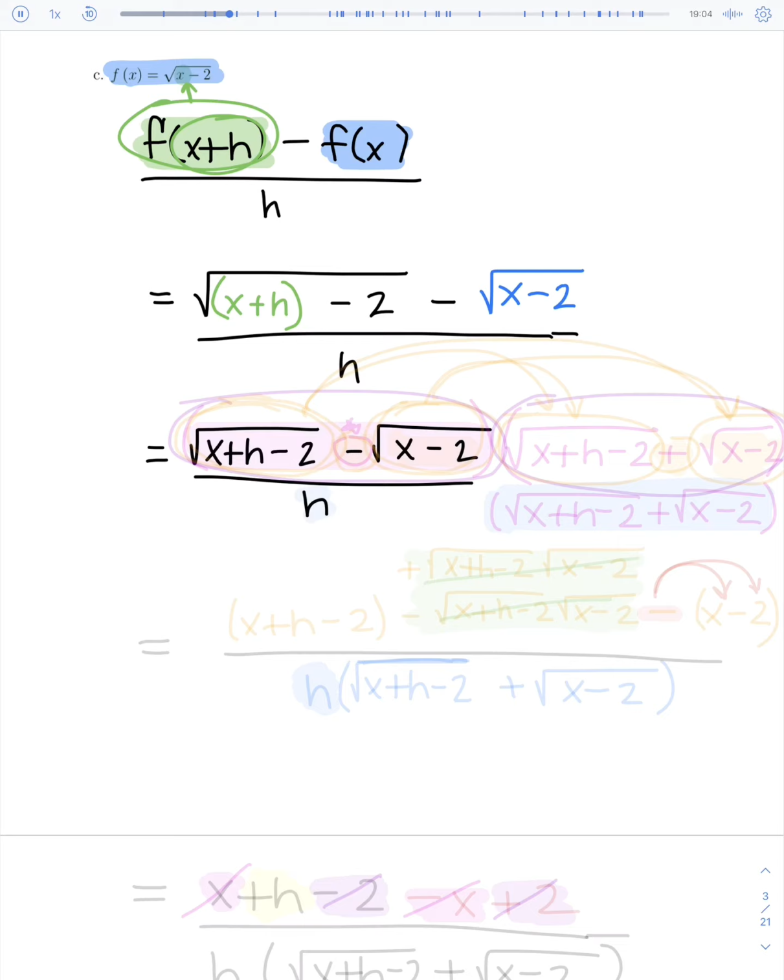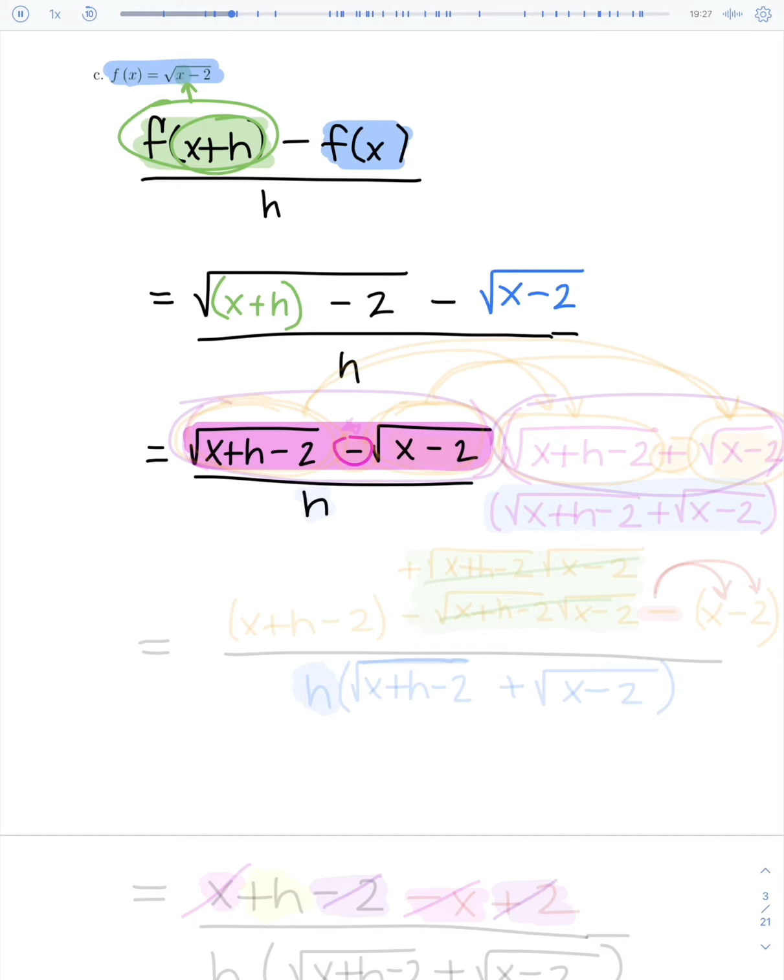It was called a conjugate, which is we're going to take the entire piece with the square roots and look at the sign in the middle, which is a minus sign, and we're just going to do the opposite. So if there's a minus, we'll do a plus. If there's a plus, we'll do a minus.